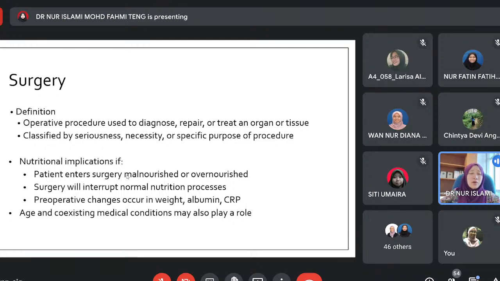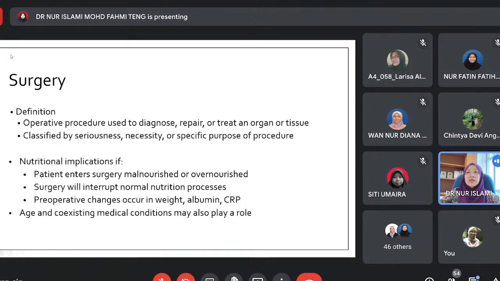Patients who are overweight or obese, BMI more than 40, BMI 50, BMI 60, are really a challenge for the surgeon to perform surgery on, because the surgery itself will interrupt the normal nutrition process. So the preoperative changes will occur in the weight, albumin, and also CRP.